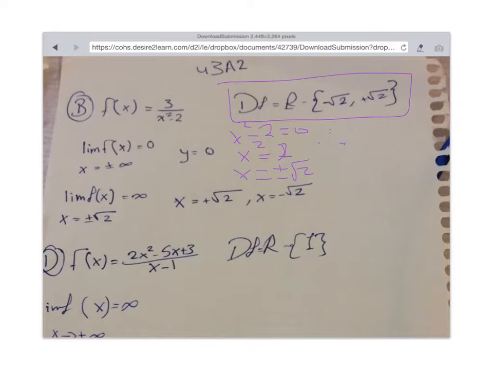Then you would say, therefore, the vertical asymptotes are x equals root 2 and x equals negative root 2. Now, I know you have that listed here, but you need to follow the same procedure as what I've just laid out here in order to show how you're finding the vertical asymptotes.